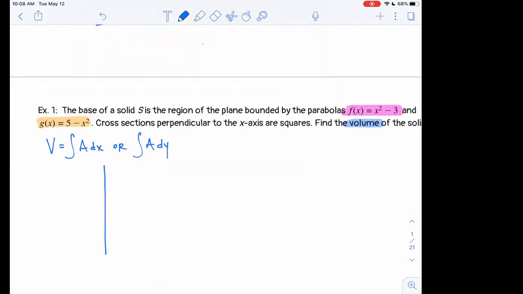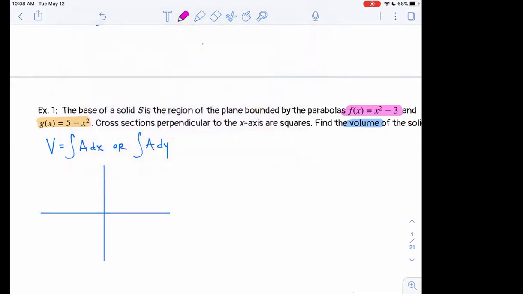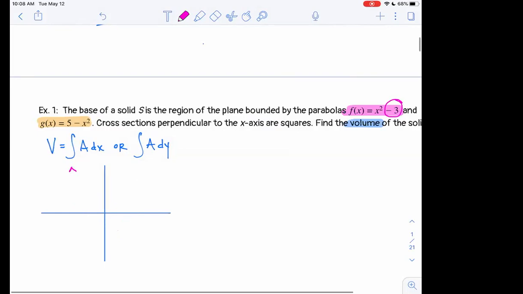So x squared minus 3, as we know from last week, is a parabola that is facing up, and the vertex got moved down 3 units. And so I'm going to just sketch this parabola like this.